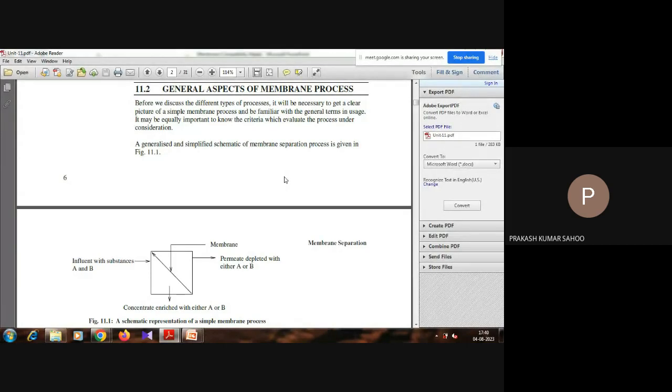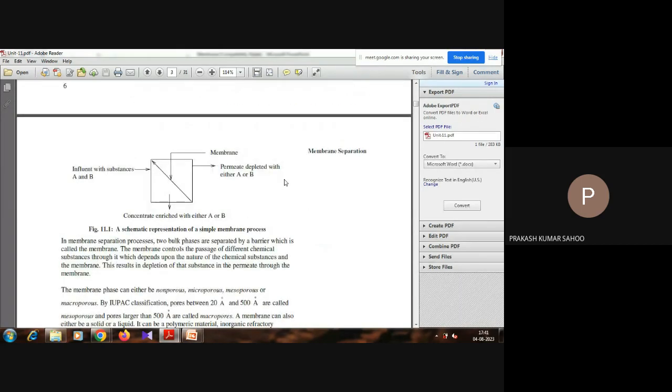Before you go to the mechanism process, let's have a general idea of membrane separation. So just look at this figure, where the middle arrow line in this cubical structure, or the container of the sample, is the membrane.